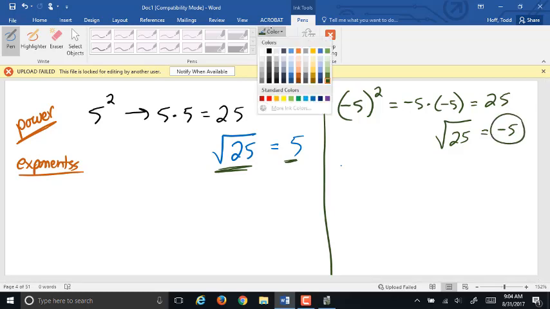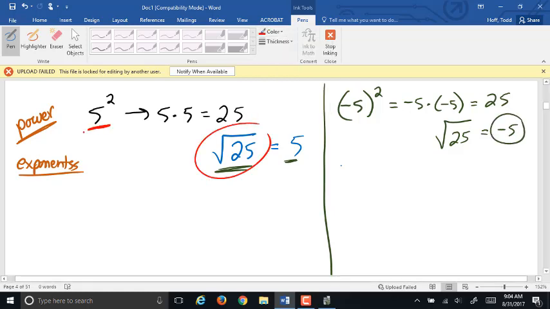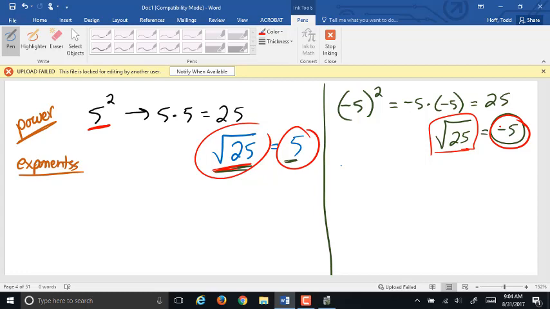Because the square root has to be an inverse of a power of 2, the square root will always have two answers. The square root of 25 can be positive 5 or negative 5. Both answers apply. Now, when we're dealing with a real life application, most of the time, the number we're looking for is positive. But we do need to be aware that negative result is there. It is a possibility because we have to account for the fact that a negative 5 squared is also a positive 25. And that square root is there to reverse or to inverse the power.